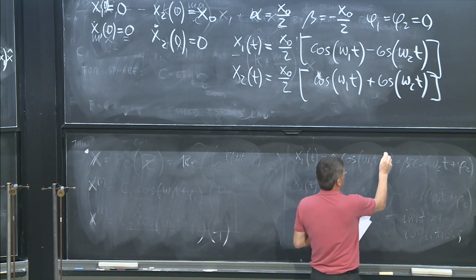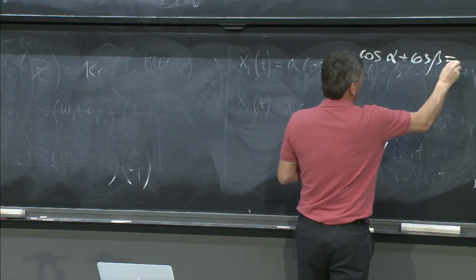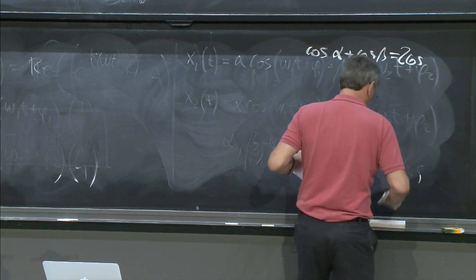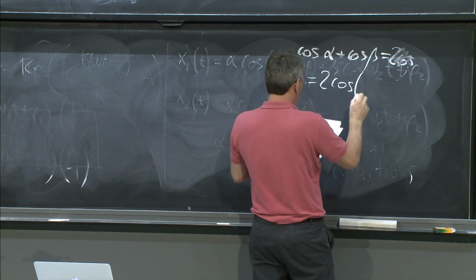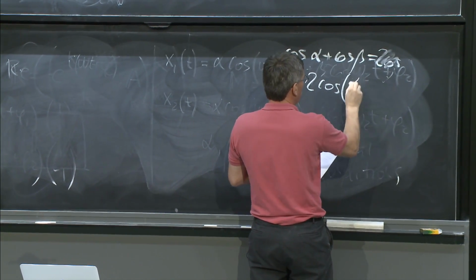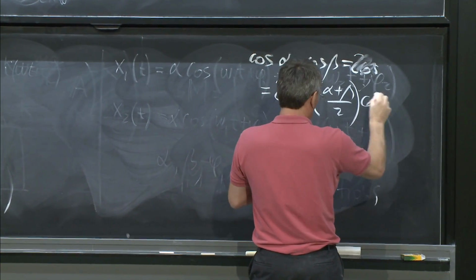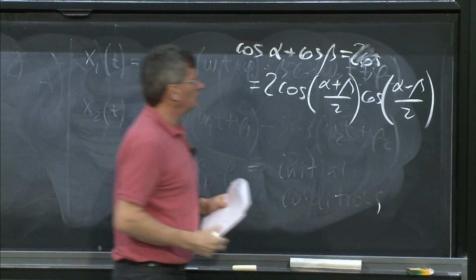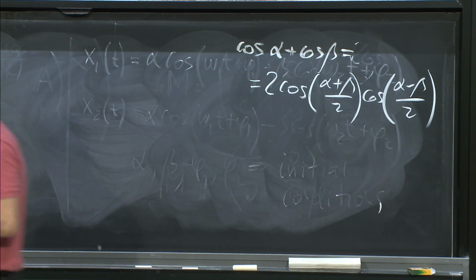For example, cosine alpha plus cosine beta is equal to 2 cosine of (alpha plus beta) divided by 2, multiplied by cosine of (alpha minus beta) divided by 2. That's the trigonometric identity. So let's just use this to write this down.